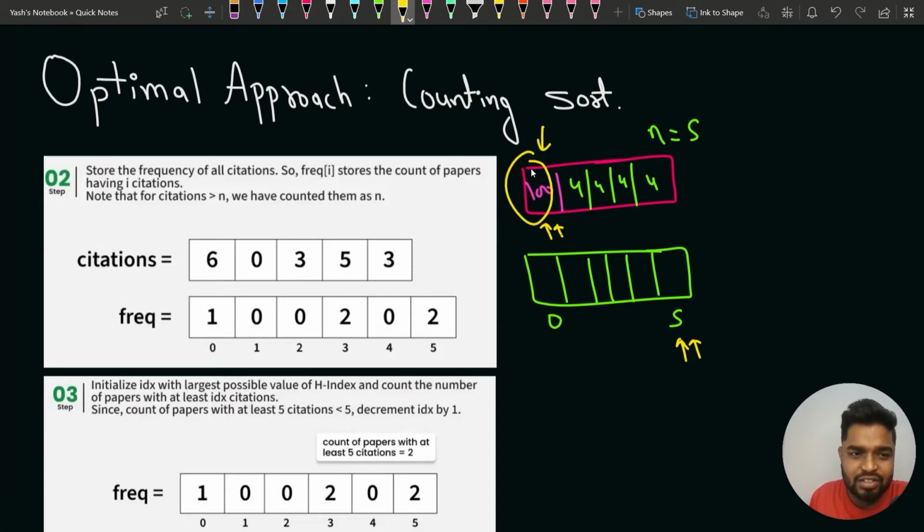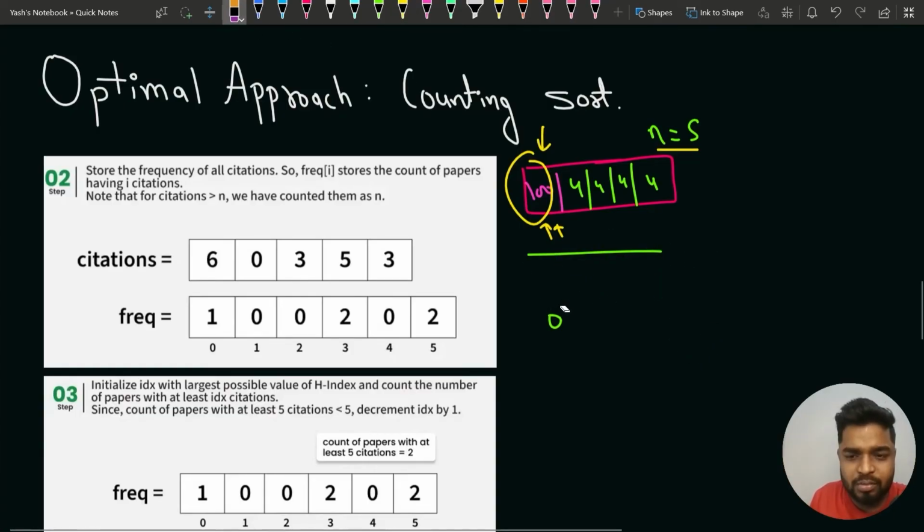So if there is any citation which is greater than n, we'll store it at the last index itself. So if 100 is there, store it at the 5th index. That will indicate that this last index 5, with n equal to 5, will indicate the count of the papers which have been cited 5 or more than 5 times. Okay, so I hope this makes sense.